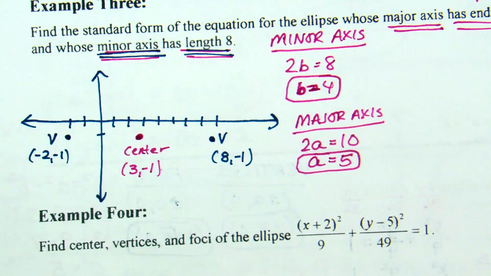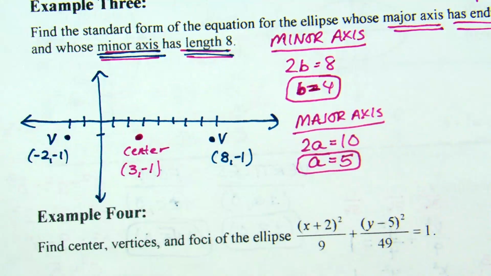If I'm going to finish graphing this real quick, I use my A values to go out on my major axis. What do I use to go out on my minor axis? The B's, because the foci are C. Okay, so how do I finish drawing this ellipse, just for reference purposes? 4. Yeah.